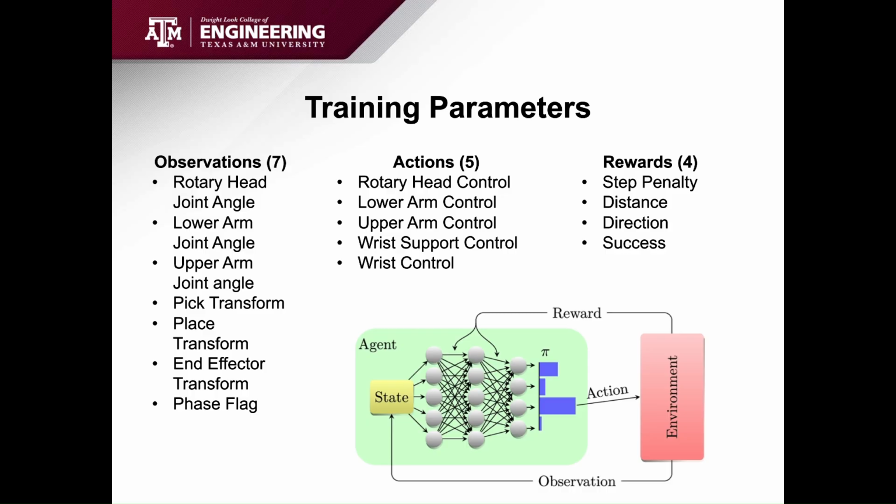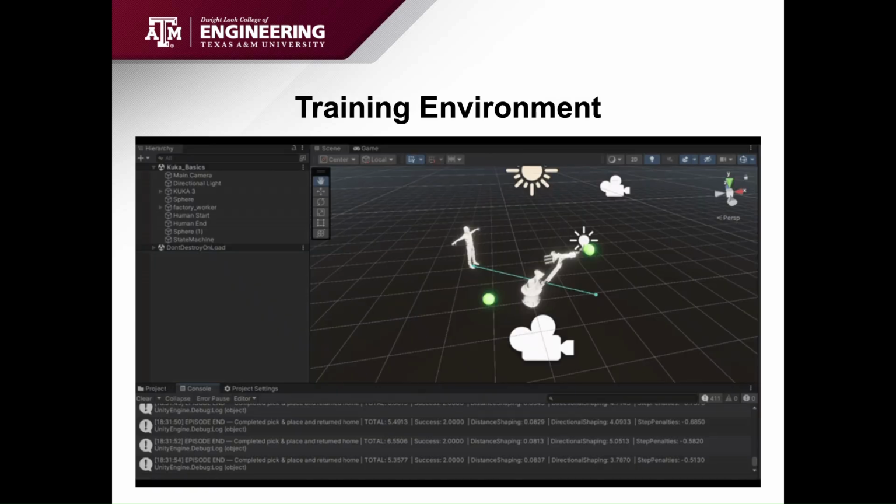Then the reward structure is really the driving force behind training. There's a step penalty to improve time, a distance reward to keep it going in the right direction, and success, a lump sum reward that gets applied when it completes the correct task.